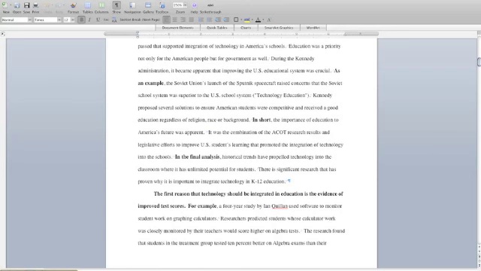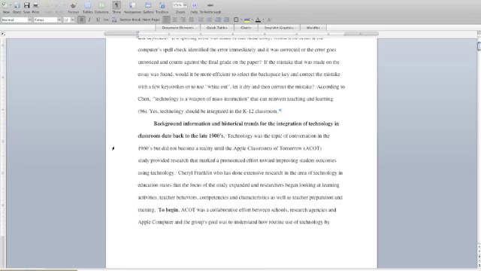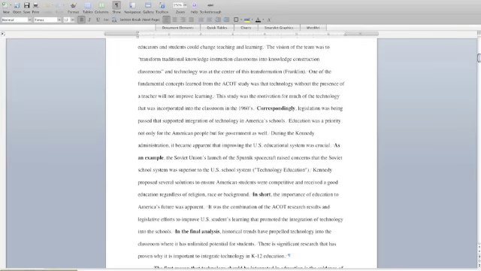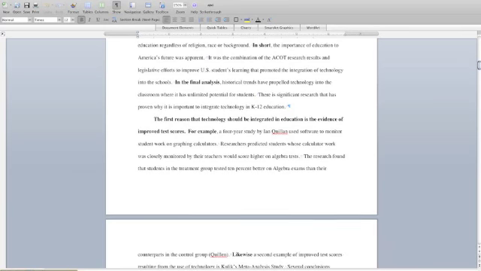So, just to do a little recap, we have the very first introductory paragraph that begins using the questioning technique. We have a second introductory paragraph that reveals the background on the particular topic. And now we're moving into the very first body paragraph. So let's take a look and notice that first sentence, that topic sentence, is highlighted.